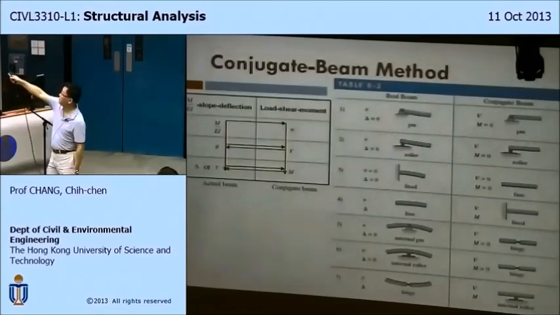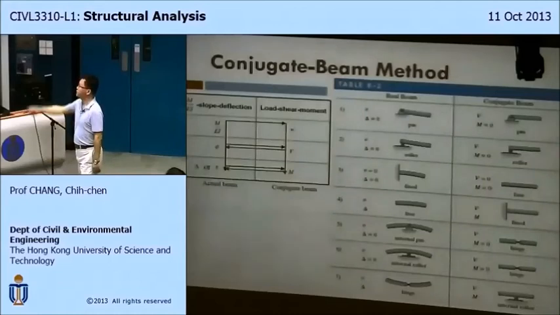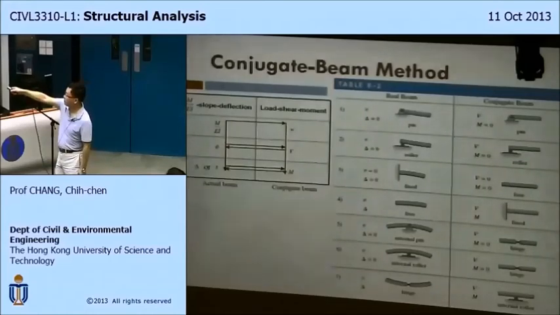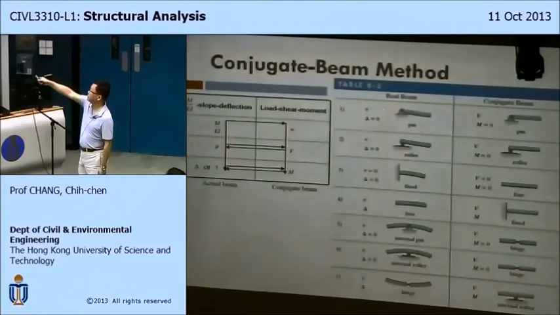For instance, if I have a pin support on the real beam and I want to convert that into a conjugate beam, the relationships are the lower two relationships. Rotation angle to shear force, displacement to bending moment. So pin support, rotation angle is not equal to 0, displacement is equal to 0. So M is equal to 0 on the conjugate beam, shear force is not equal to 0.